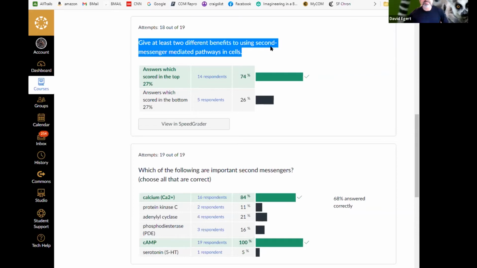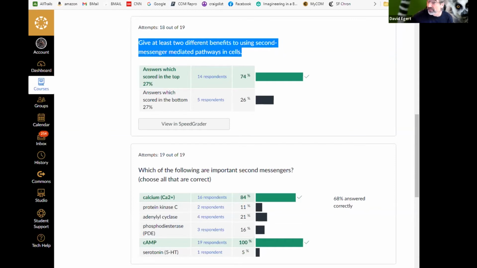What was kind of funny, some people wrote that the same ligand can result in multiple or different actions, and also there can be flexibility. It's like, no, that is flexibility.